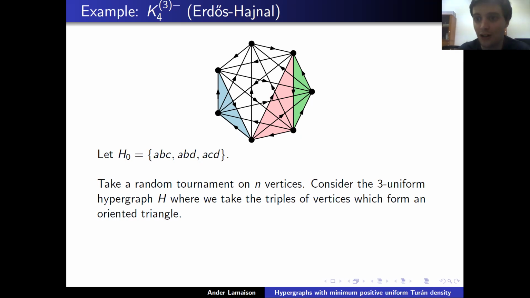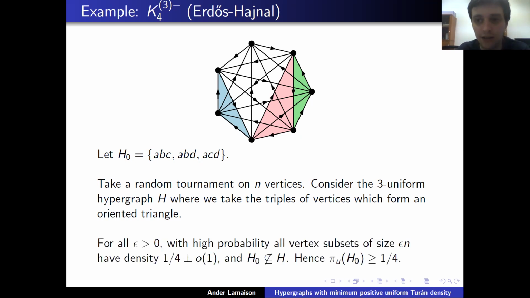So this construction will not contain a copy of H0. And you can see, using concentration inequalities, that with high probability, the graph that we construct is very quasi-random and the density is 1/4. So that means that the uniform Turán density of K4 minus an edge is at least 1/4.